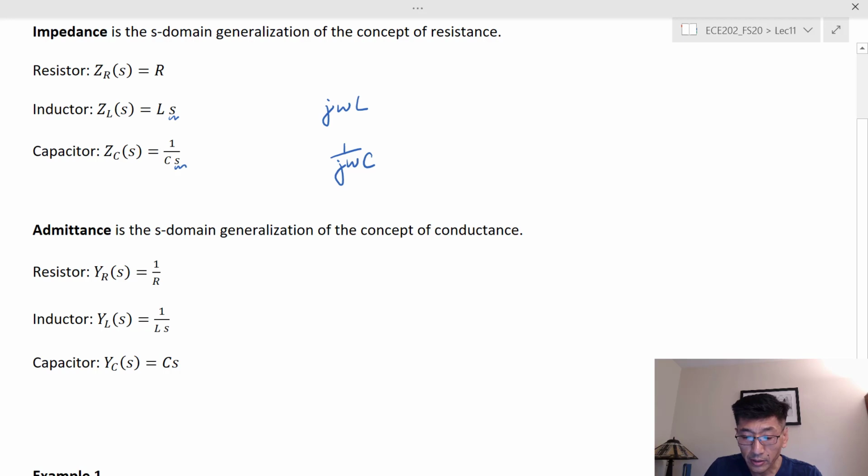Similar to the admittance in the phasors, the admittance Y is just equal to 1 over Z(s). So admittance is more similar to the conductance. The current is proportional to the admittance and inversely proportional to the impedance.